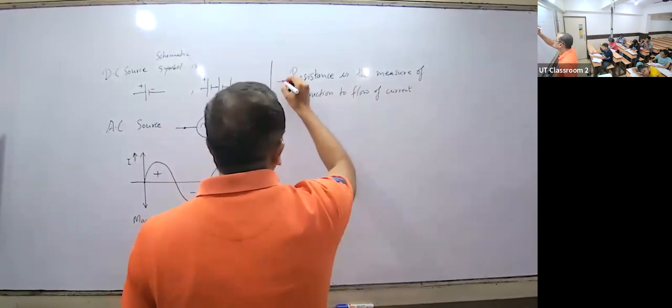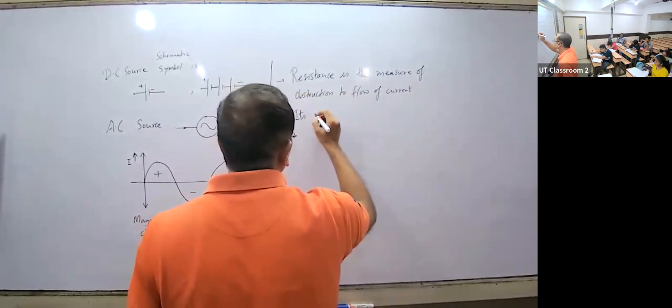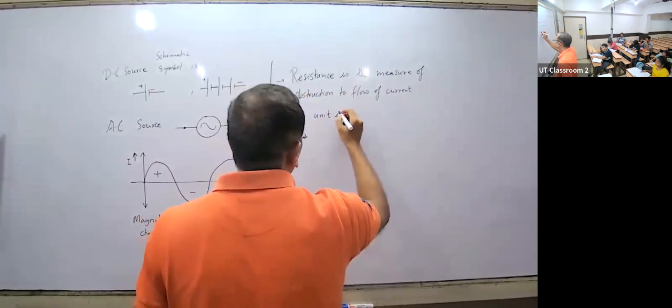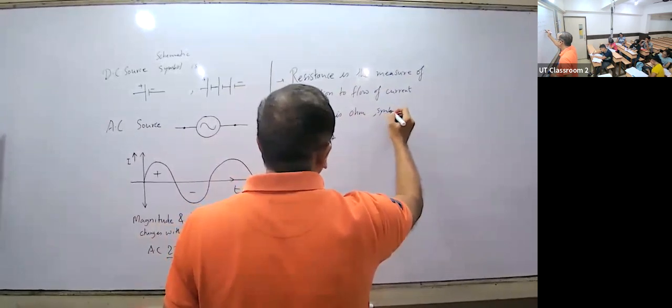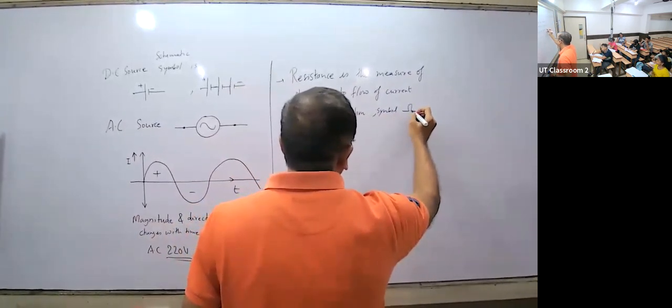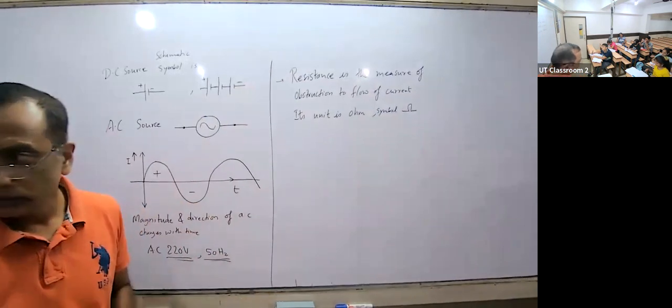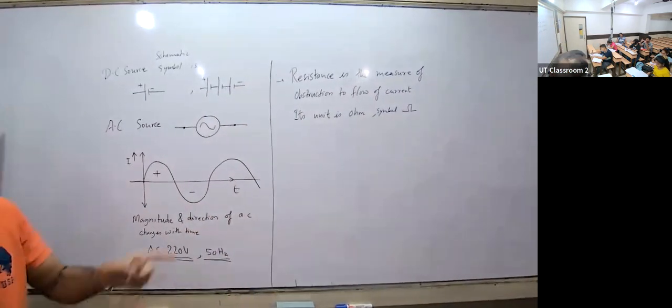Okay. Its unit is ohm. Symbol is omega, small omega. Greek letter omega.